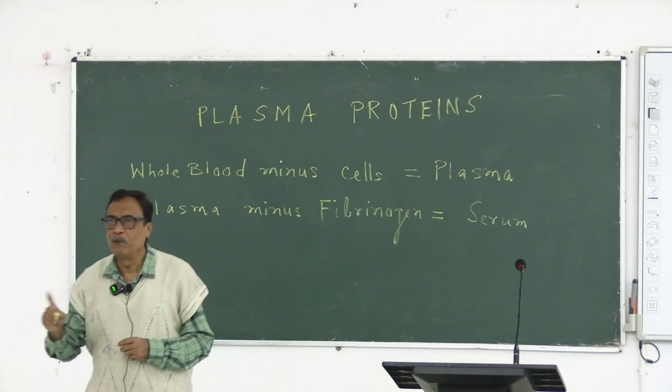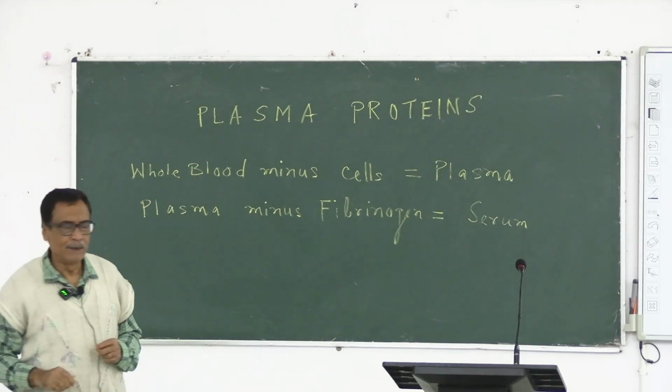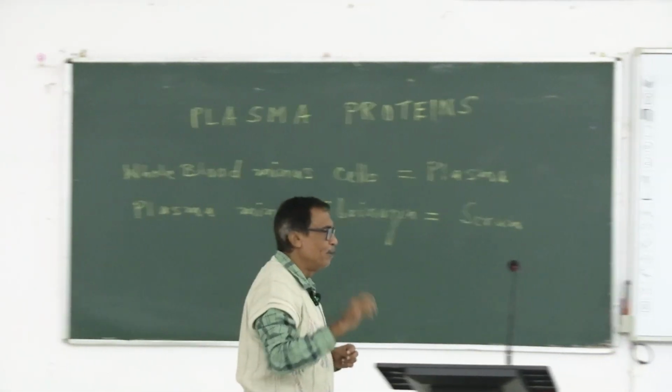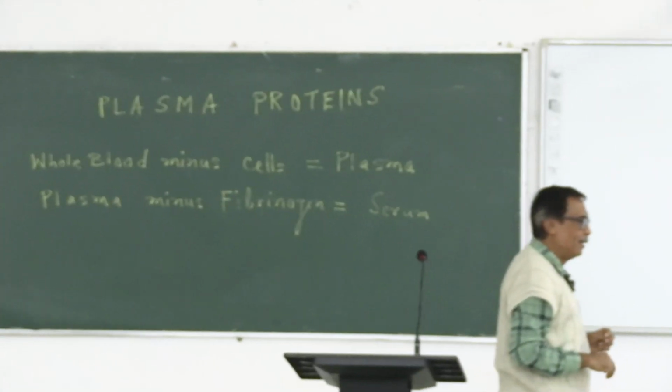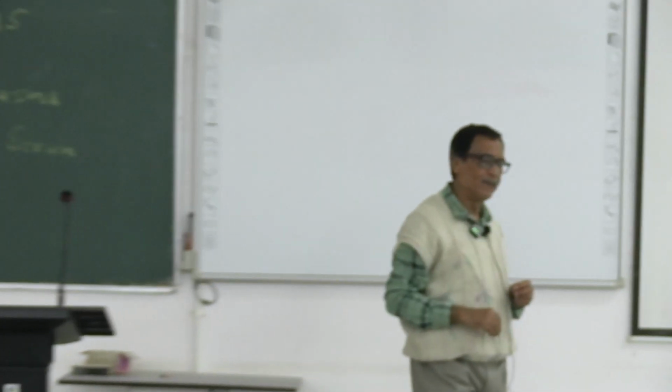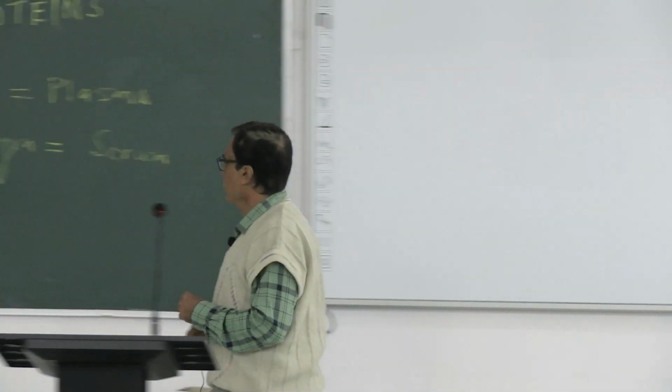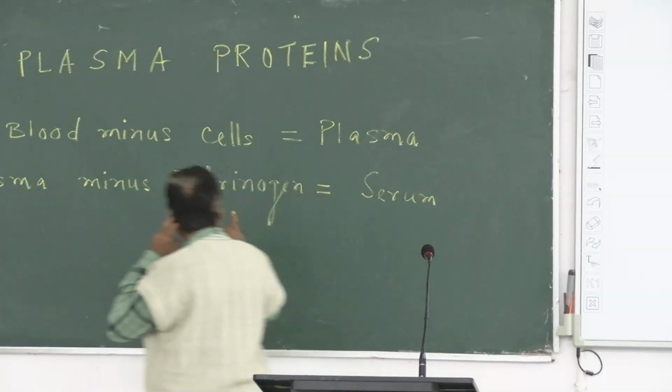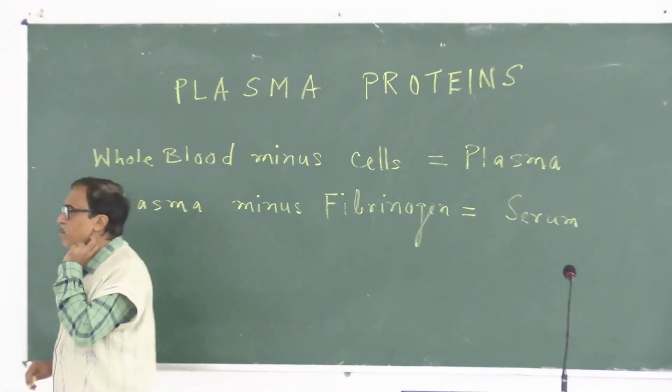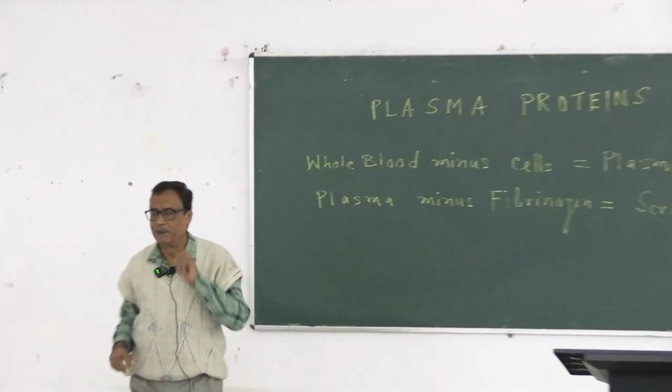For some estimations we require whole blood, but most biochemical investigations require either plasma or serum. Plasma contains fibrinogen, but serum does not contain fibrinogen.